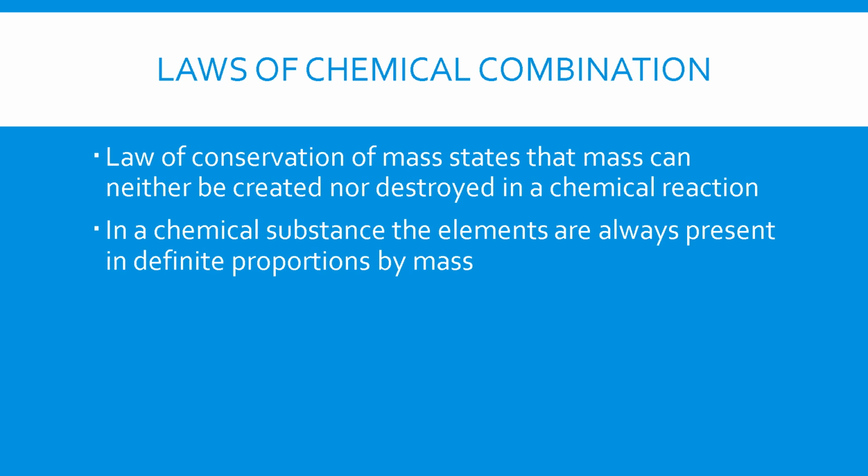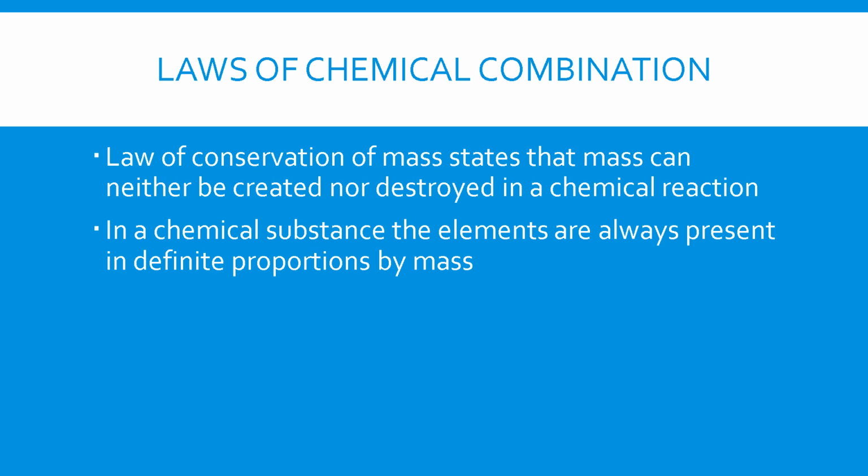Later on, he observed many compounds, and he observed that these compounds are made up of two or more elements, and each such compound had the same elements in the same proportions, irrespective of where the compound came from or who prepared it.